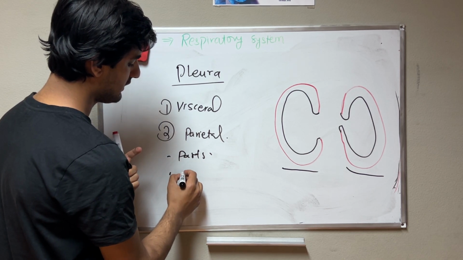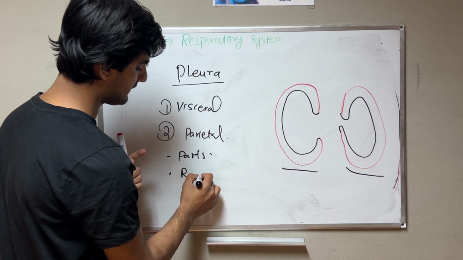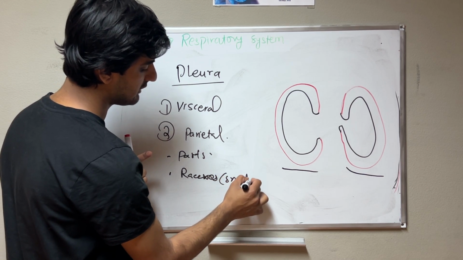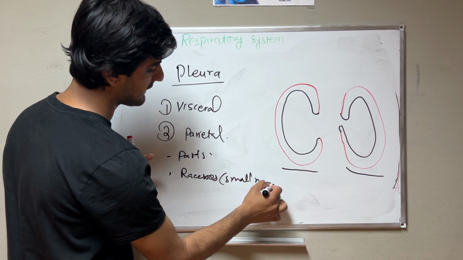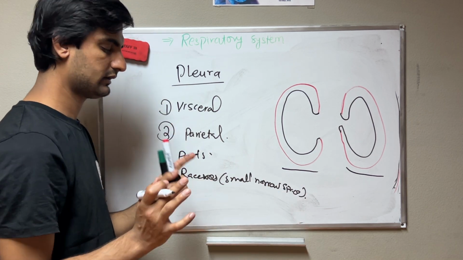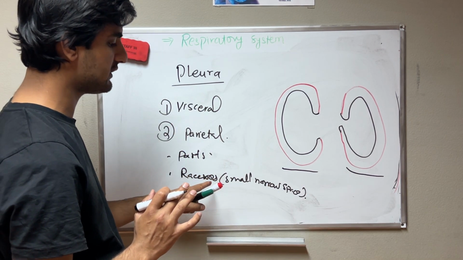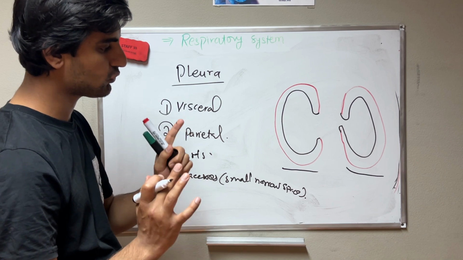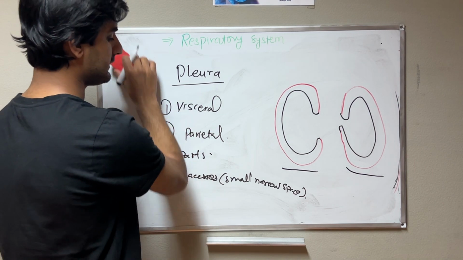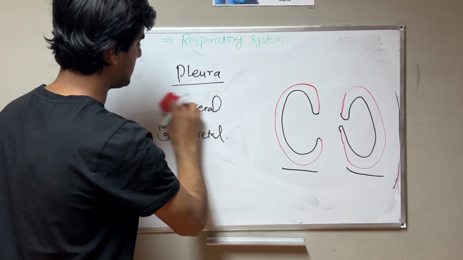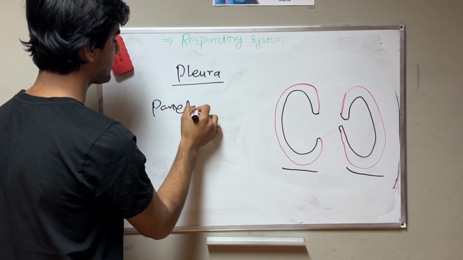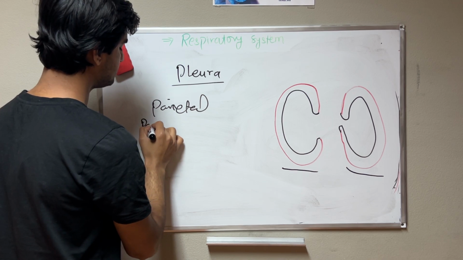Then we have recesses, and recesses means small narrow spaces. These are the things which we need to know about the pleura. For your memorization, because this is parietal pleura, first we need to know the parts.